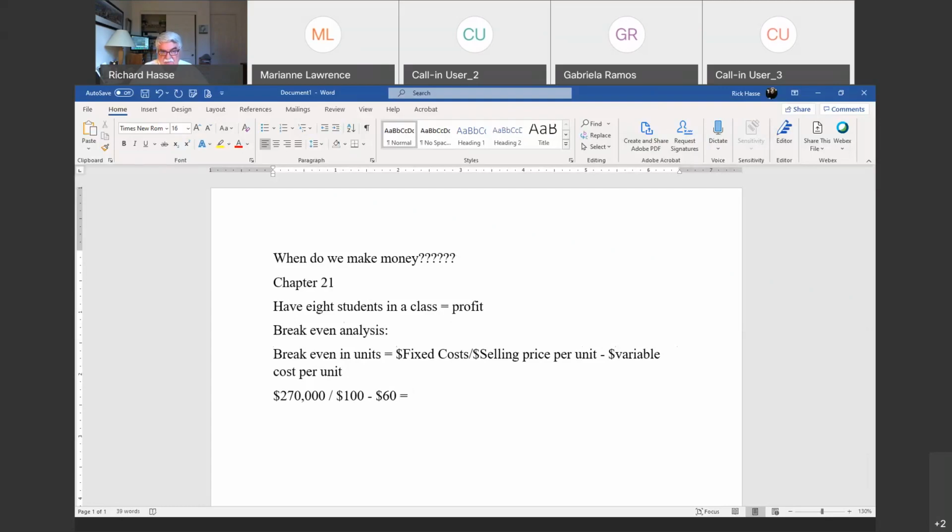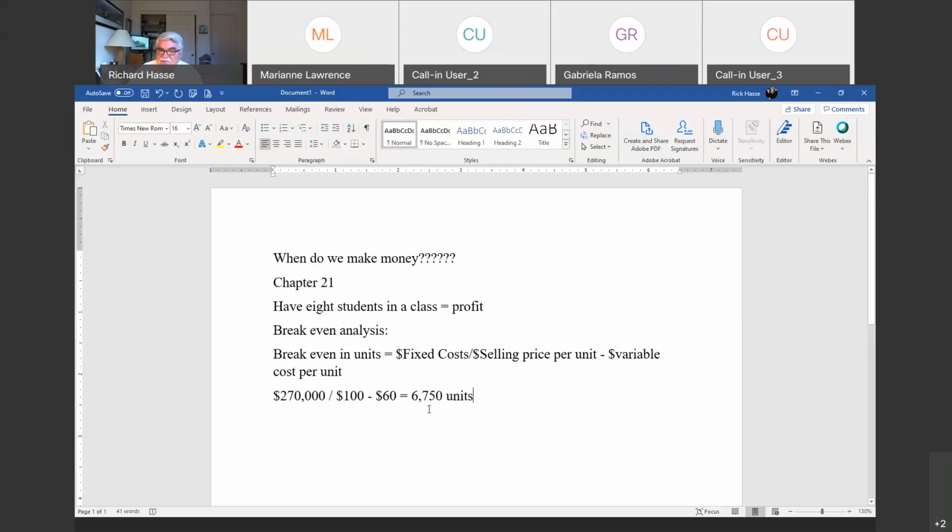All right, well, let's do the math. Where's my calculator? 270,000 divided by 40 equals 6,750 units. In other words, if we produce and sell 6,750 units, this is called the contribution margin, which is $40, will cover the $270,000 fixed cost.